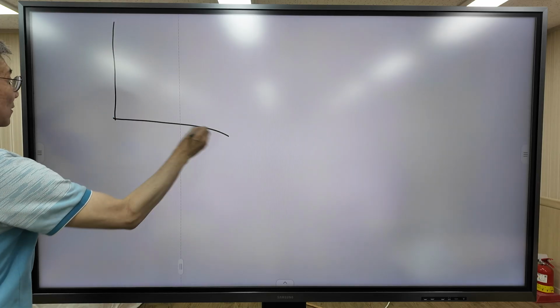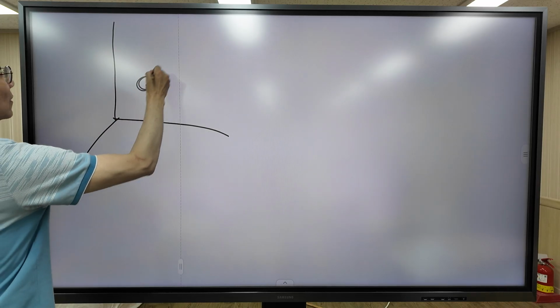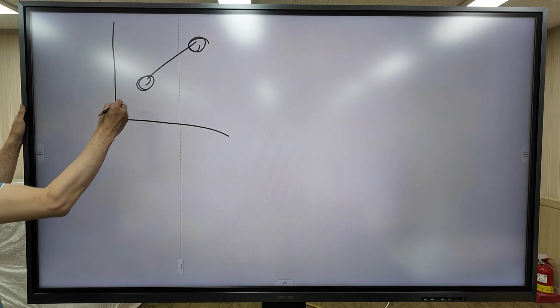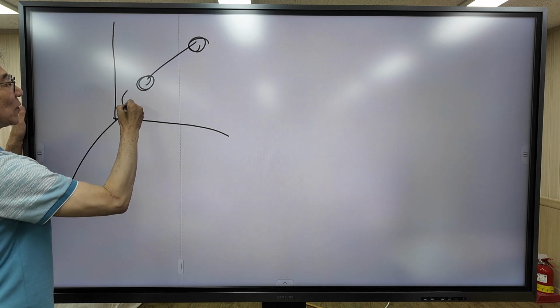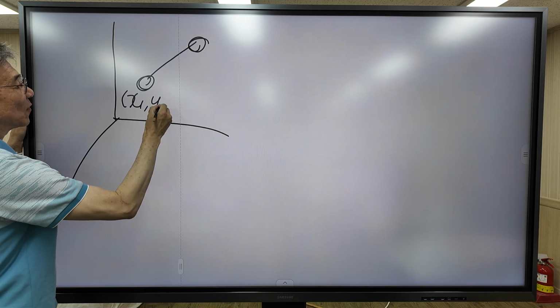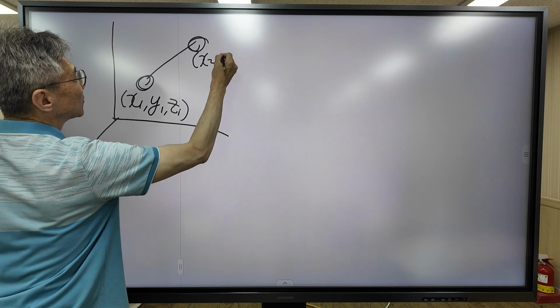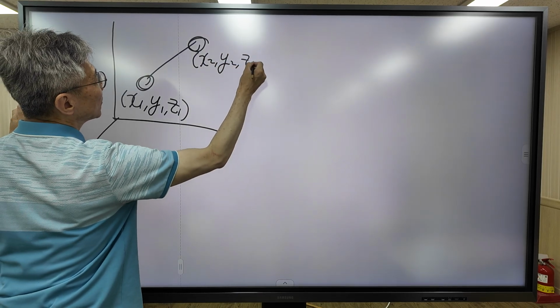Now consider a diatomic molecule that moves in three-dimensional space. To describe the motion of the diatomic molecule, we need 6 coordinates. The coordinates of the first atom are x1, y1, and z1. The coordinates of the second atom are x2, y2, z2.